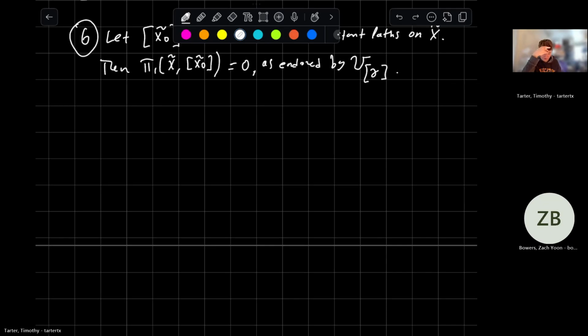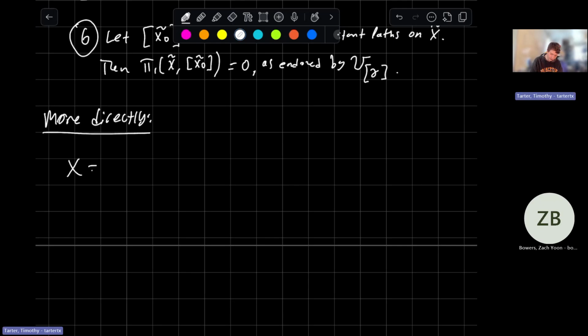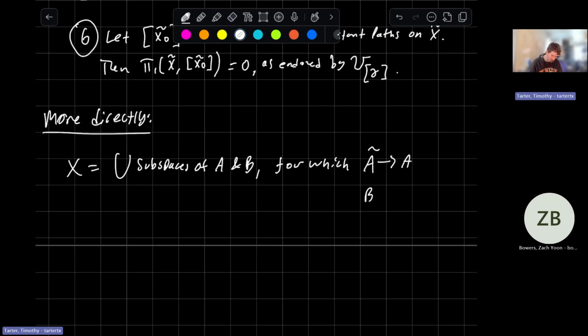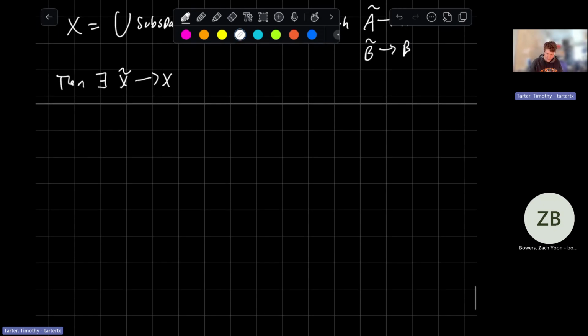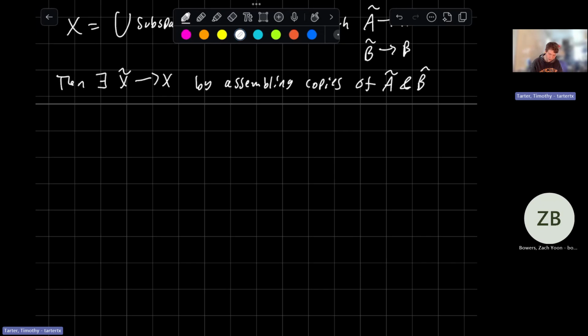So for example, more directly, if X is the union of subspaces A and B, for which we already have the things that we want, then there exists a simply connected covering space by assembling copies of the two.